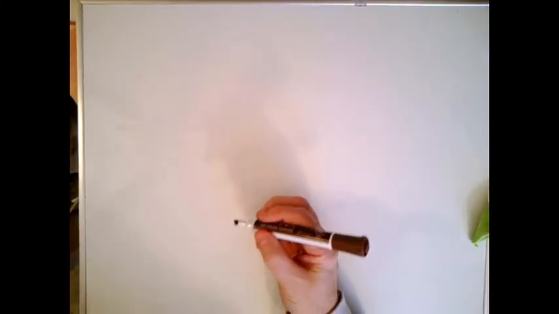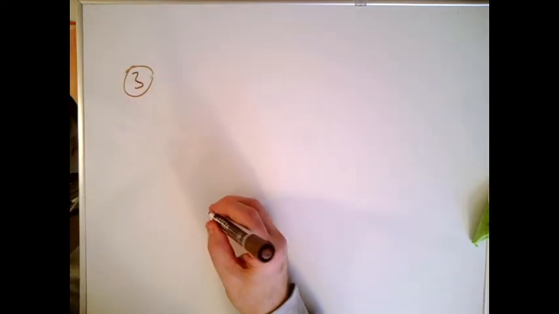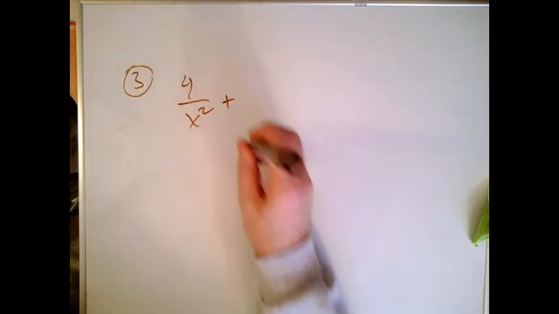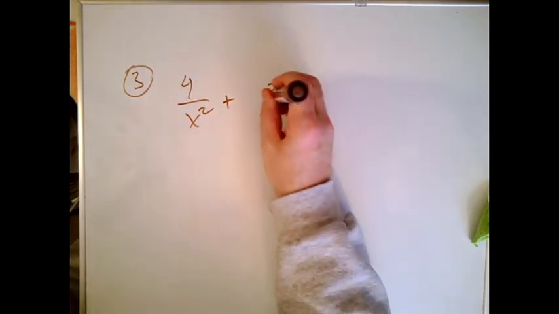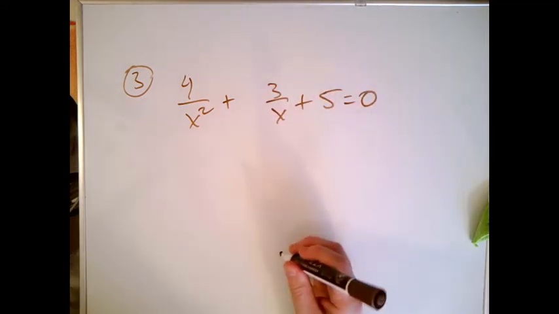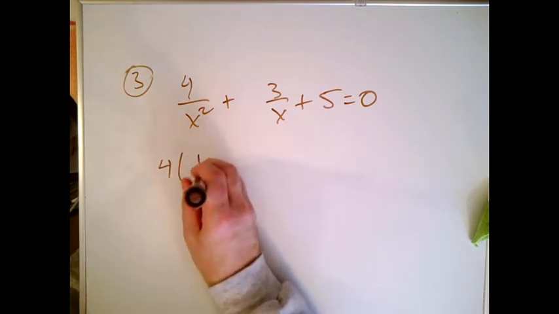All we're trying to do here is get used to seeing equations of quadratic type. We'll address solving them in the next video. So our third example is just going to look like 4 over x squared plus 3 over x plus 5 equals 0. I'm going to write this just a little bit differently so you can see what we're going to do.